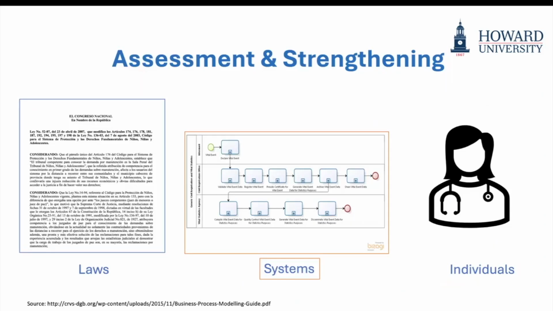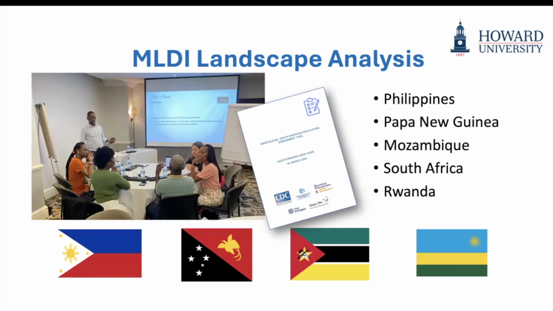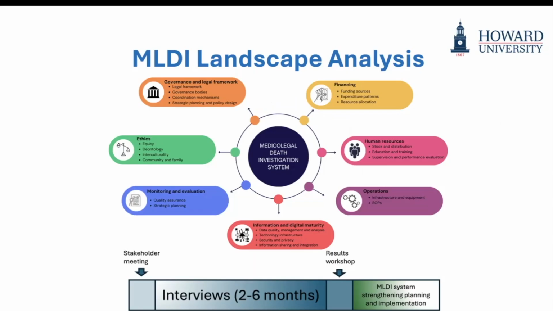At the systems level, we support various interventions, such as the MLDI landscape analysis, which was developed in Phase 5 and piloted in 5 countries with differing MLDI system types and levels of system maturity across Africa, Asia, and the Pacific. The MLDI landscape analysis is based on a questionnaire that gathers information on the MLDI system across 7 core domains to understand the current system as compared to good practices.